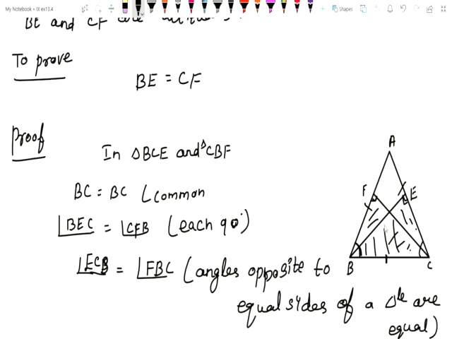Look here. First we said BC is common, and next angle BEC equal to angle CFB, each 90 degrees. Then side AB opposite angle is C, side AC opposite angle is B, and these two angles are equal because angles opposite to equal sides of a triangle are equal.